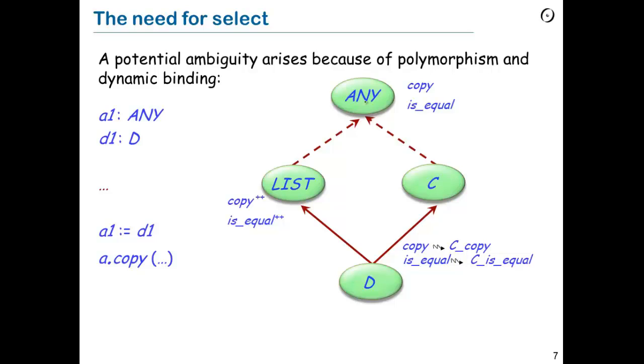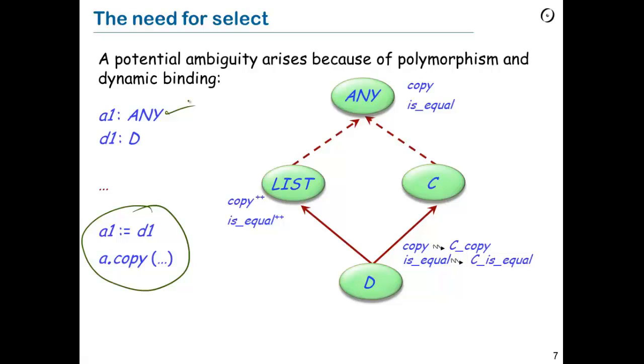With what we have seen so far, it's enough to remove any ambiguity, except in the case of a polymorphic assignment. Let's assume that we have a1 of type ANY assigned at runtime the value of d1 of type D, and we do a copy.